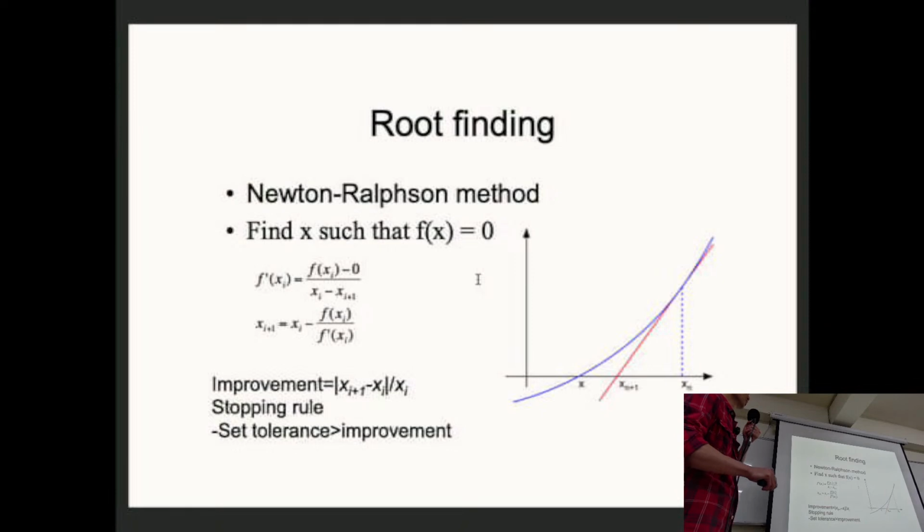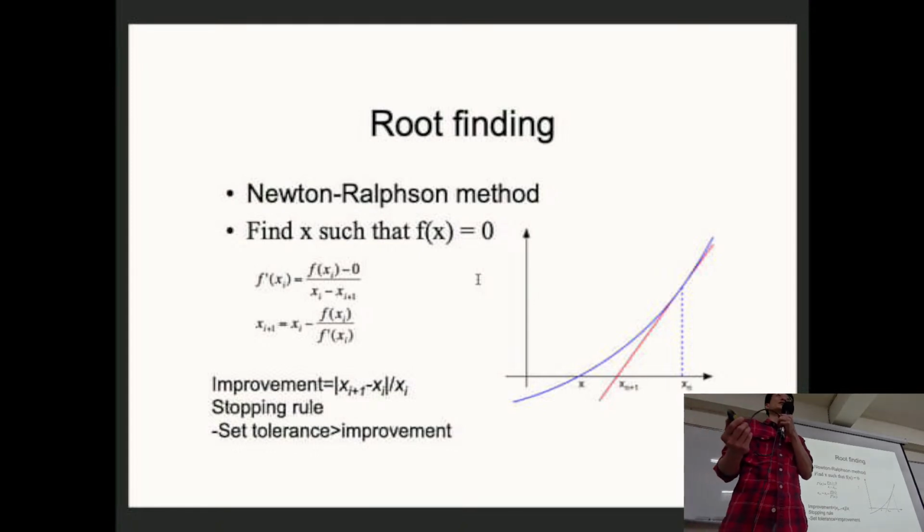If you reach some kind of threshold, then you stop the iteration. Usually we may set that tolerance to 10 to the power of minus 10, or 10 to the power of minus 8, a very small number. That means the improvement is very, very small, no longer changing. Then we claim that we have already found the root.